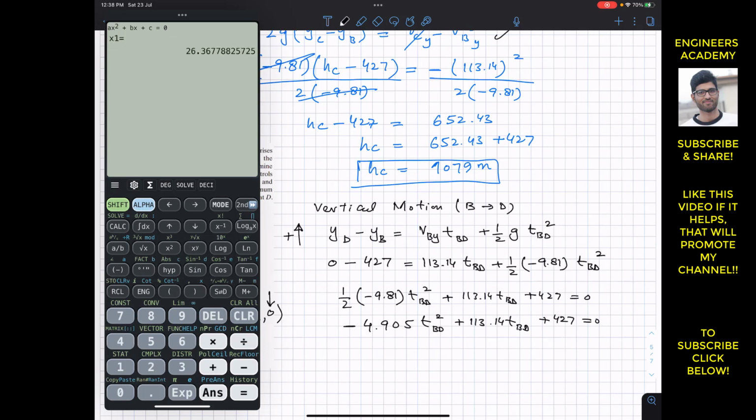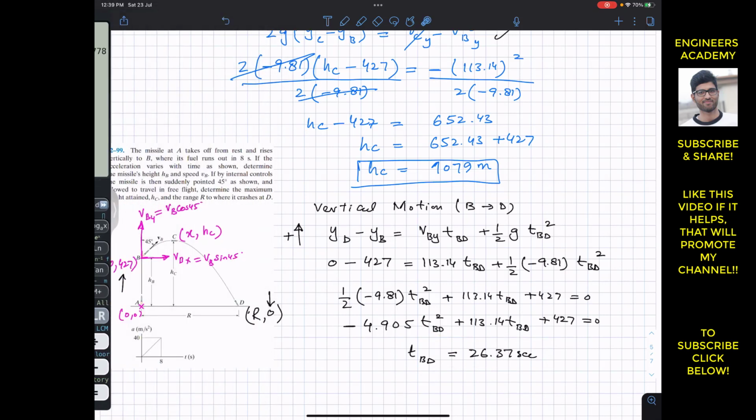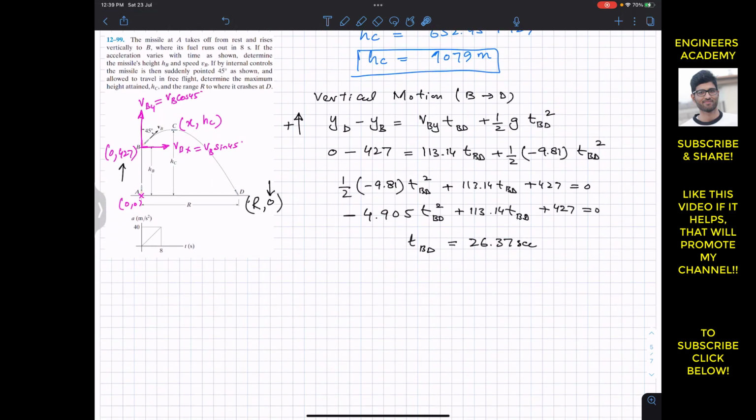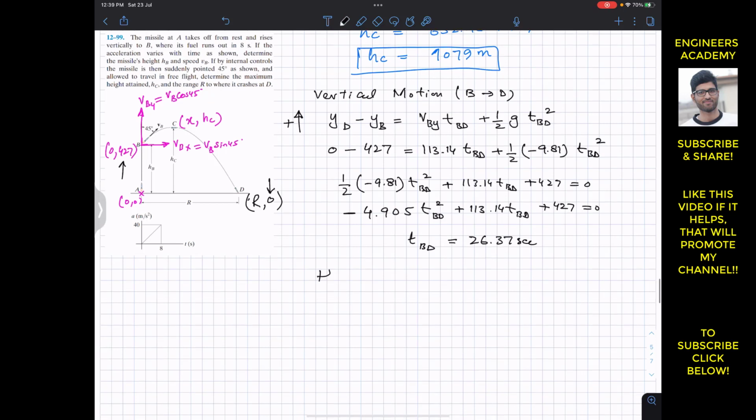So this gives us tbd equals approximately 26.37 seconds. The second root is negative, and time cannot be negative, so this is the time taken by the missile from B to D. Once we know the time taken from B to D, we can find the range. So now let's consider the horizontal motion.